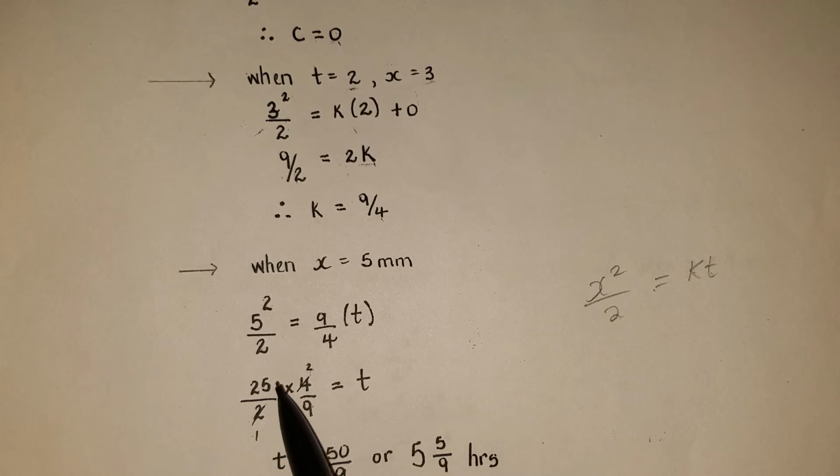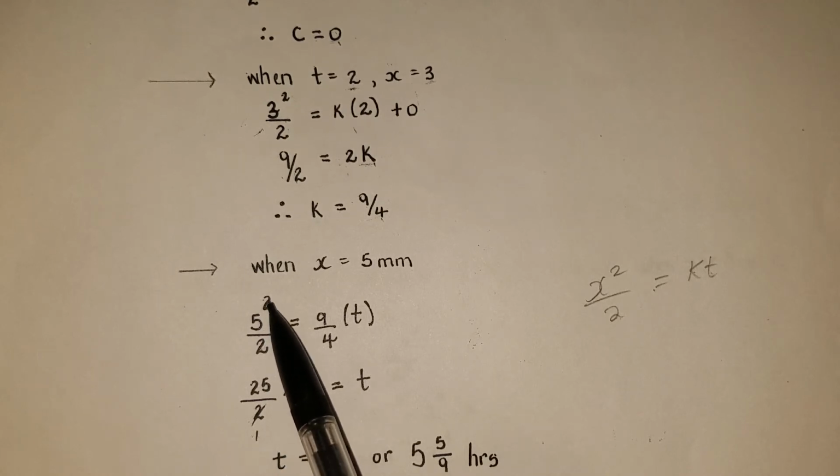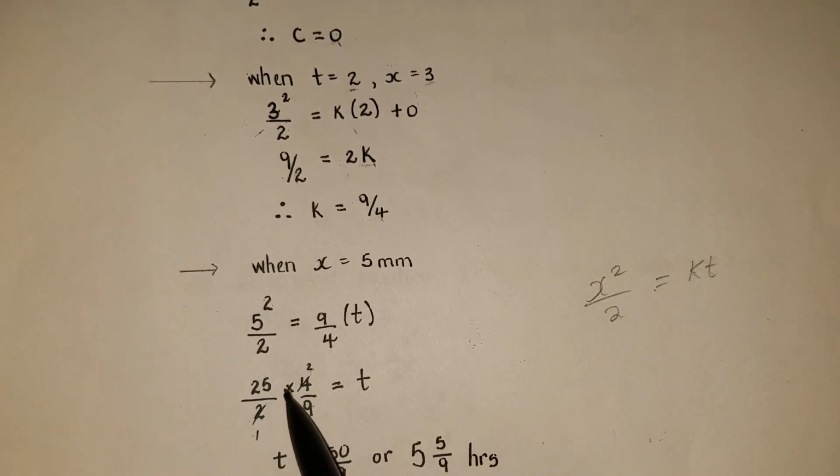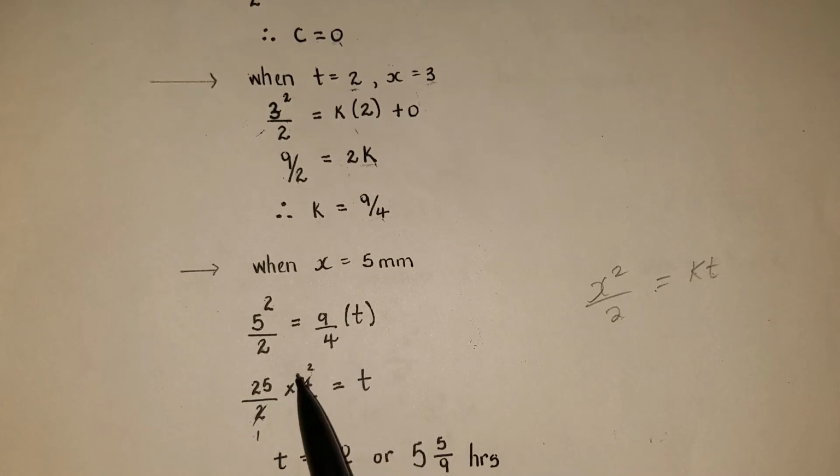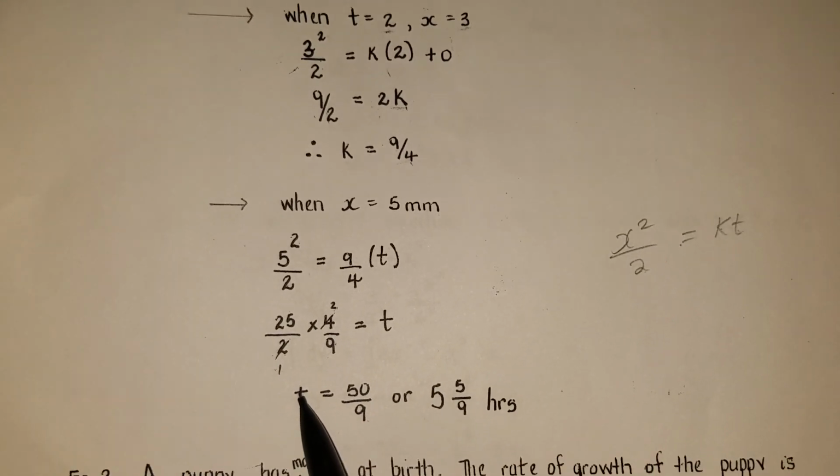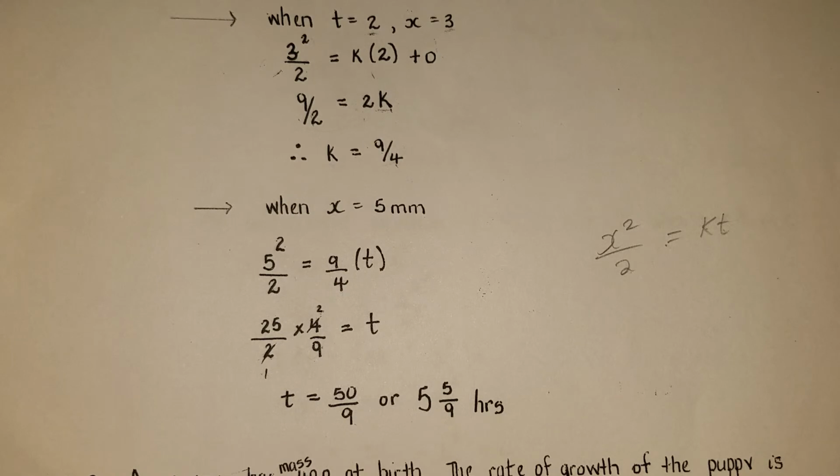So when we multiply 5 squared, 25 over 2, with 4 over 9, we get 2 times 25, 50 over 9. So this is the time at which the thickness of the ice is 5 millimeter. 50 over 9, or 5 and 5 over 9 hours after freezing.